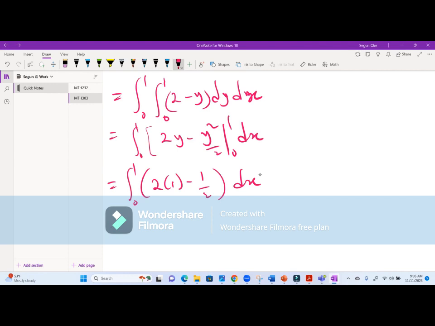At the end of the day, when you integrate with respect to x, what do you have? You have 2x minus 1 all over 2x. So when you substitute 0 to 1, what do you have? You still have 2 minus 1 all over 2, which is equal to, this is what?